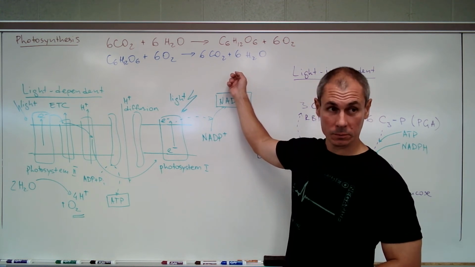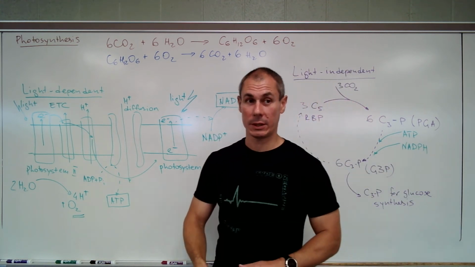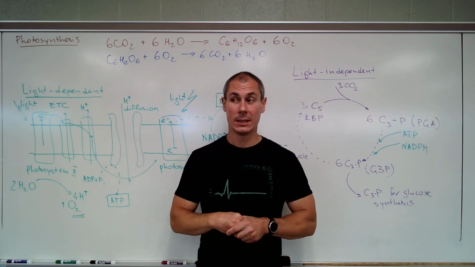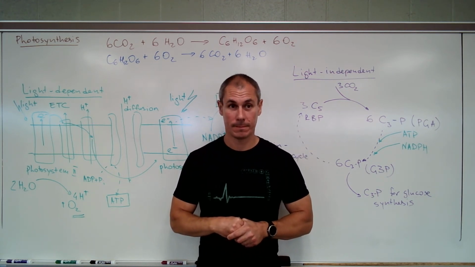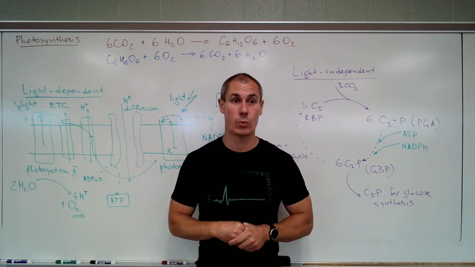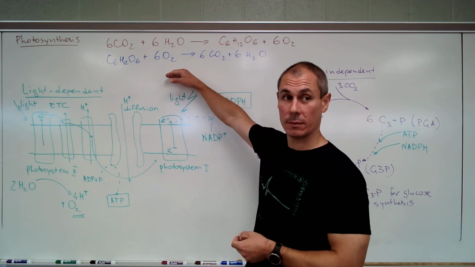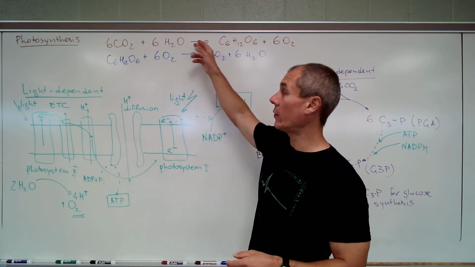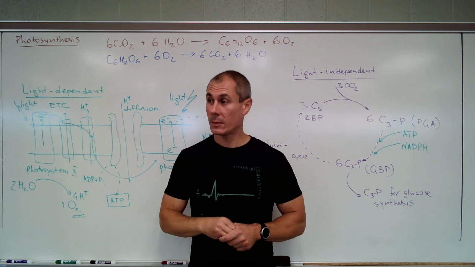You clear? Now let me tell you something. Plants respire. And they respire practically the same, they use practically the same amount of oxygen, very close to what they produce. Does that make sense?